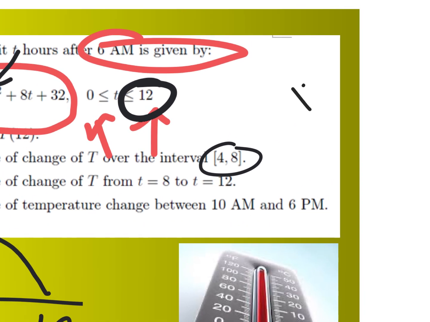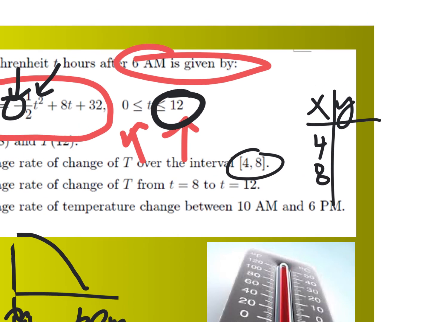You would again make an XY chart. You would stick in 4, you'd stick in 8, and then you'd figure out what you get when you stick it into the equation, and you'd put it right here and here. And once you got 2 points, you just find the slope. It's just got context so that at the end of the day, this isn't just numbers. It's like temperatures at certain times. All right.